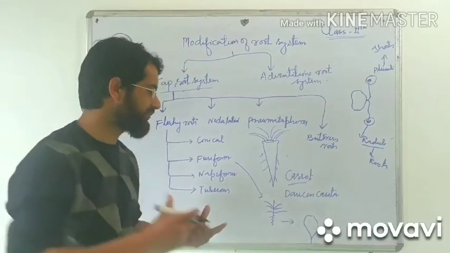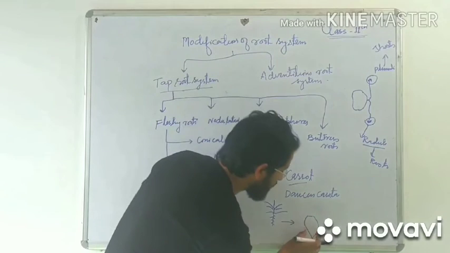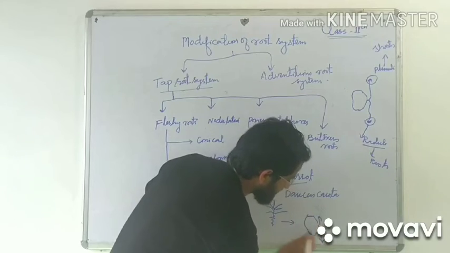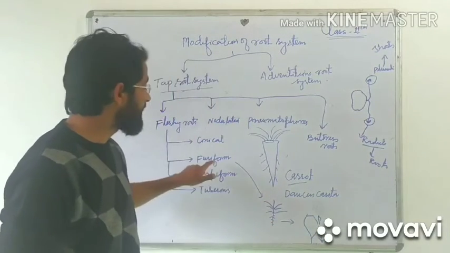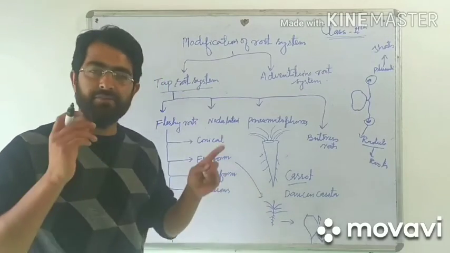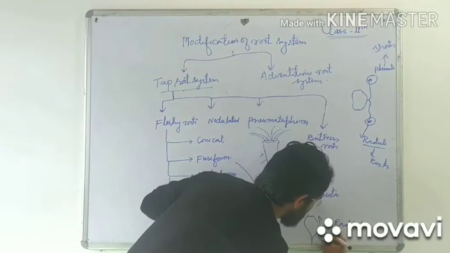That means spindle-shaped; it bulges out at the center and tapers towards both sides, towards the base as well as the apex. Such roots for storage are called fusiform, and this type of root is reported in radish. The botanical name is Raphanus sativus.